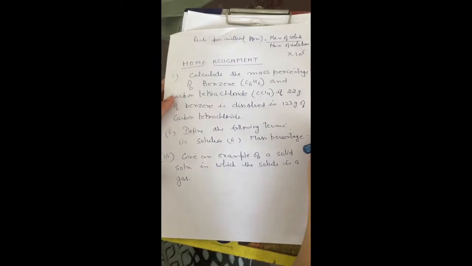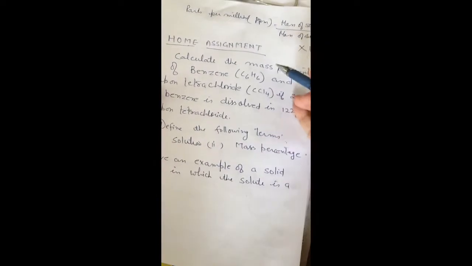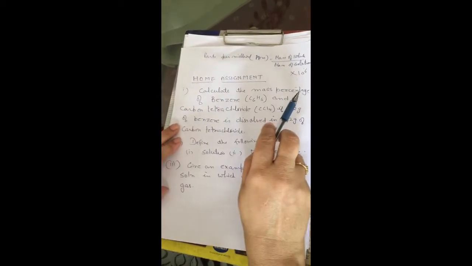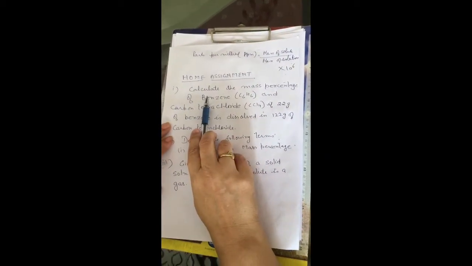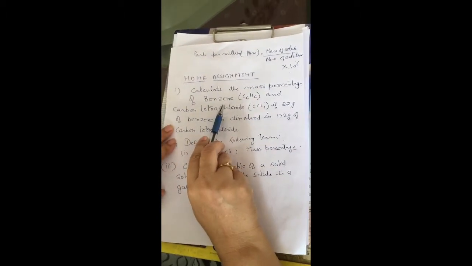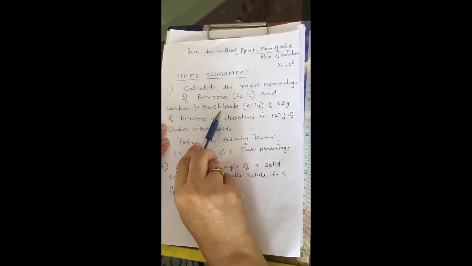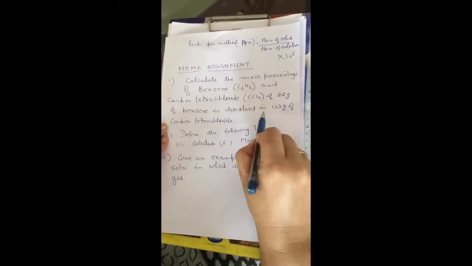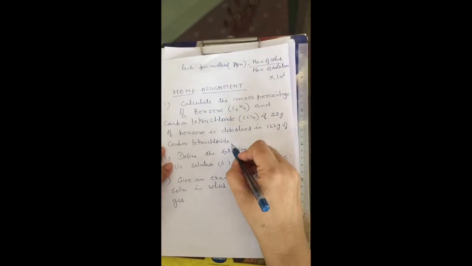Now I am giving you 2-3 questions, home assignment. First question, note it down: calculate the mass percentage of benzene and carbon tetrachloride if 22 grams of benzene is dissolved in 122 grams of carbon tetrachloride.